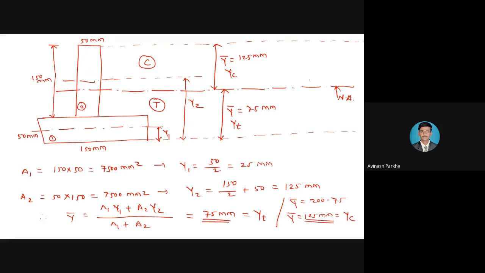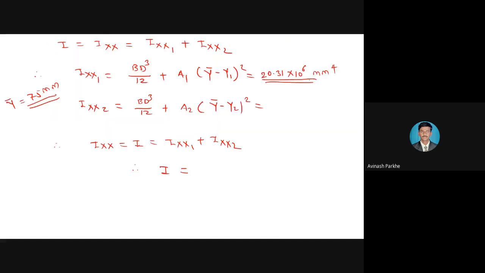So BD cube by 12, and the y2 distance we have also calculated. Tell me the value of Ixx2. 32.81 into 10 raised to 6 mm raised to 4.